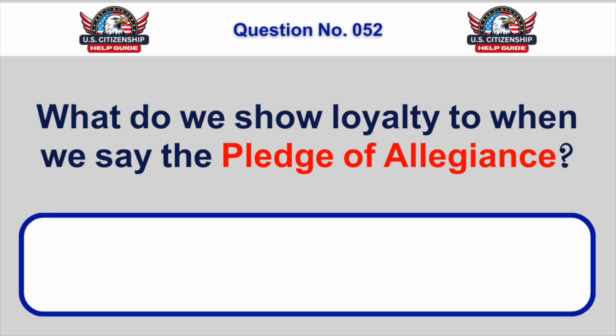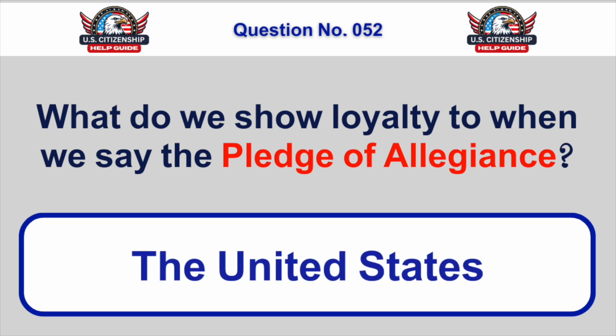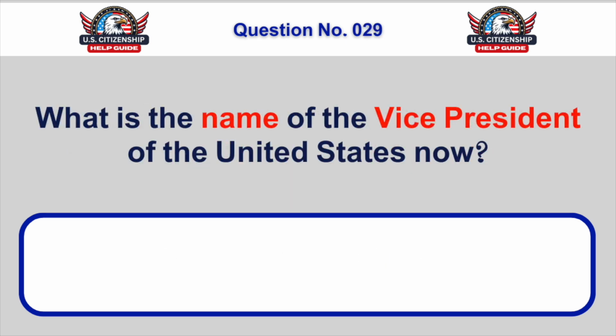What do we show loyalty to when we say the Pledge of Allegiance? The United States. What is the name of the Vice President of the United States now? J.D. Vance.